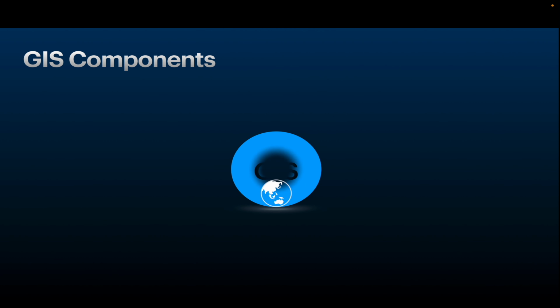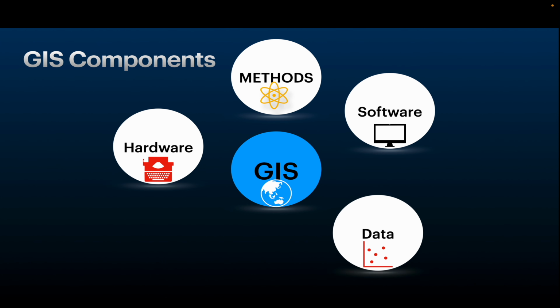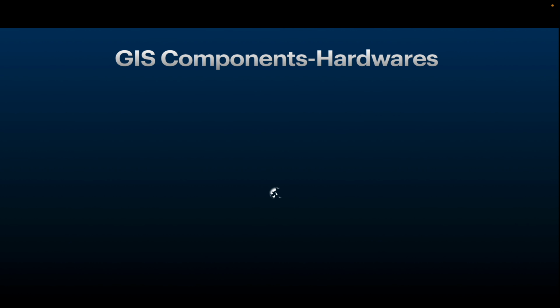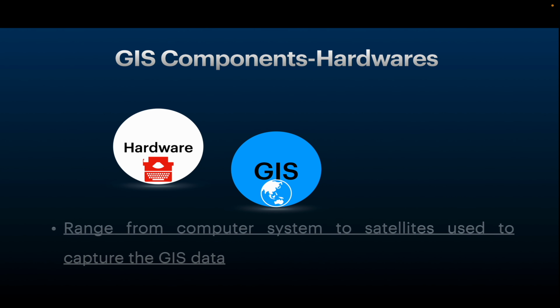Now let us talk about the components of GIS. It includes the GIS software, data, hardware, people and methods. What is hardware? Hardware is used to capture the various raster data, especially the images.